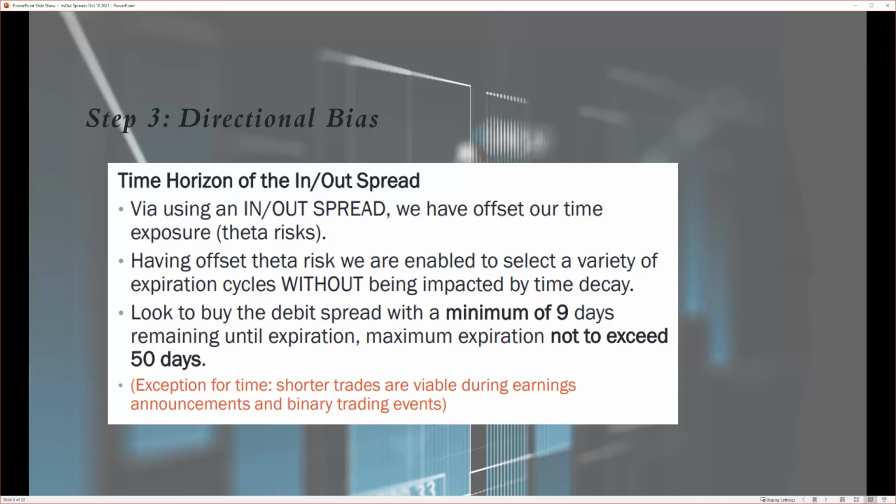by the decay. What we're going to do is look to buy debit spreads with a minimum of 9 days remaining to expiration, but a maximum not to exceed 50 days. What is going to determine it?